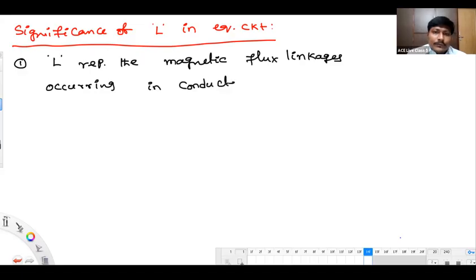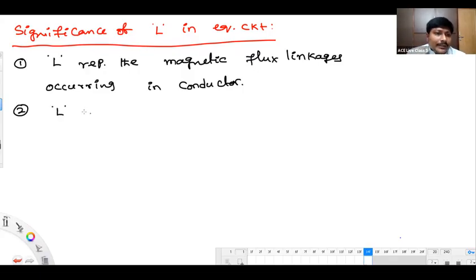This is one thing. And the second one, it will be representing the amount of reactive power. Look here. It will be representing the amount of reactive power absorbed by the transmission line under steady state. Okay, I'll come to that reactive power, maybe at the end of this inductance calculation, I will discuss that reactive power also.